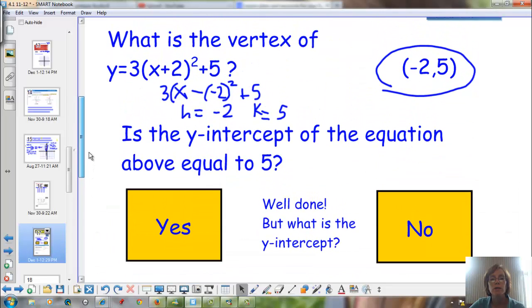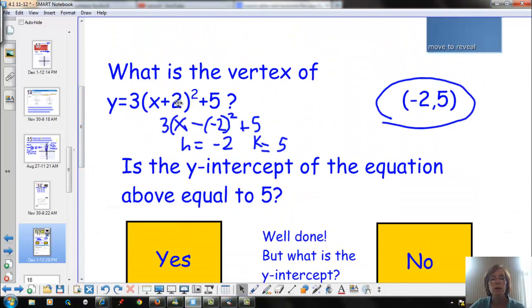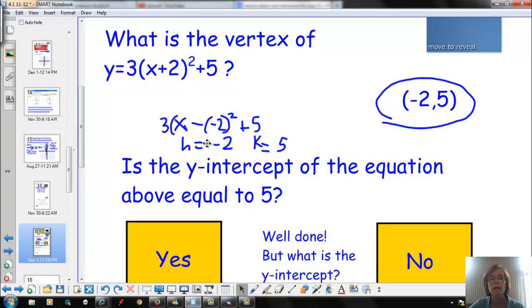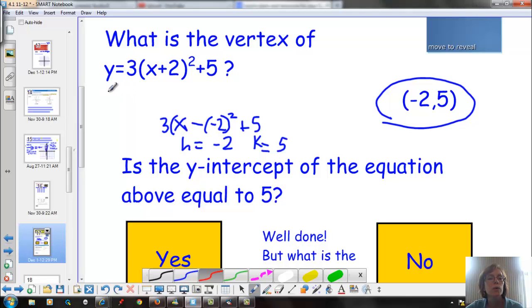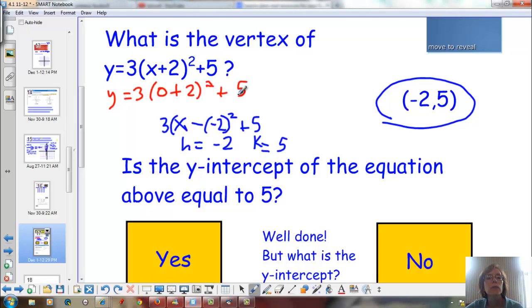Well, to find the y-intercept, remember, that means we need to plug in 0 for x. So we will have y equals 3 times 0 plus 2 quantity squared plus 5.